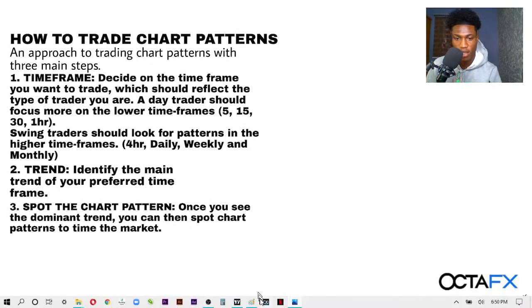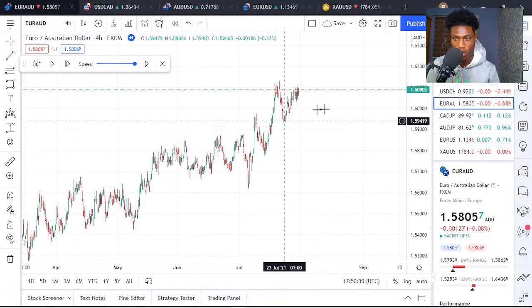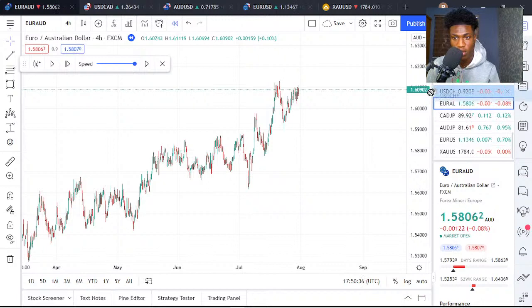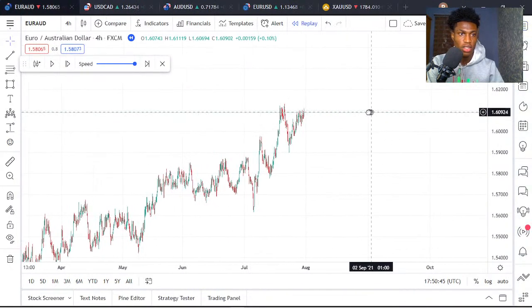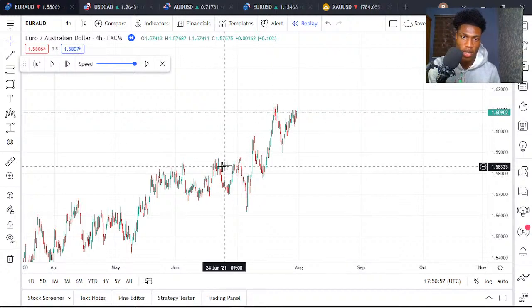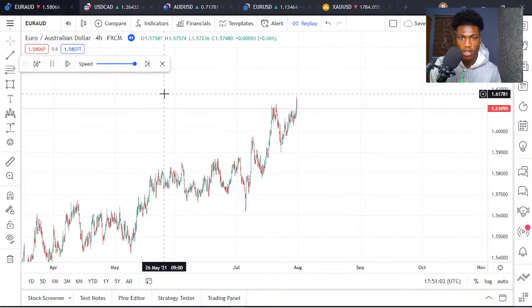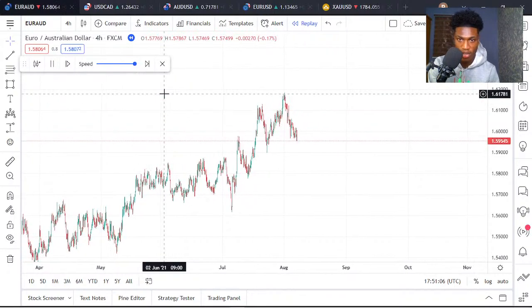Okay, so the first one we're going to look at is the head and shoulder pattern, as an example on reversal patterns. So this is Euro Aussie, Euro AUD, on the 4-hour time frame, and let's say this market is on an uptrend, obviously a series of higher highs and higher lows, and we are just observing this market.